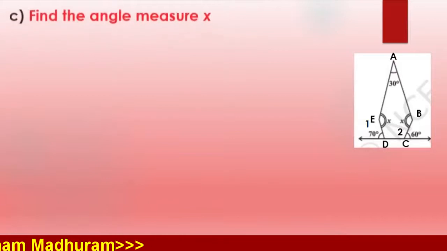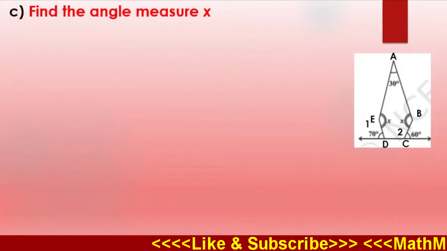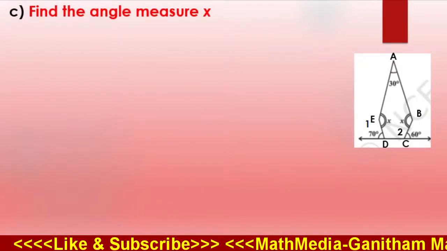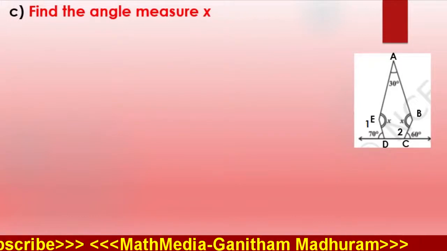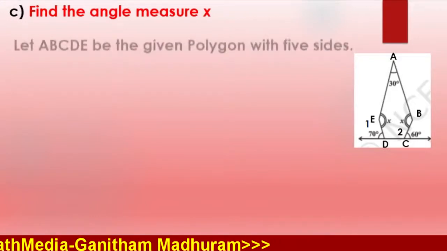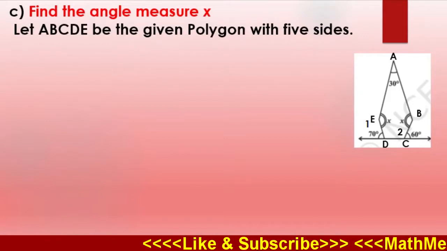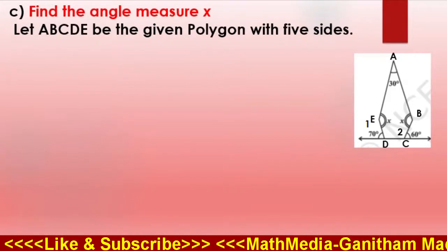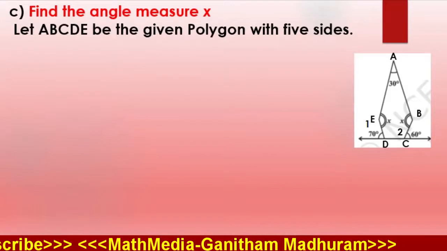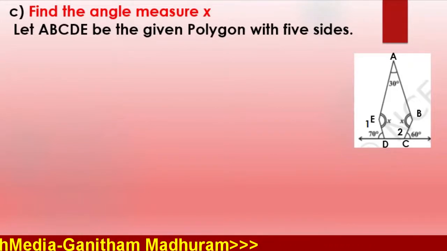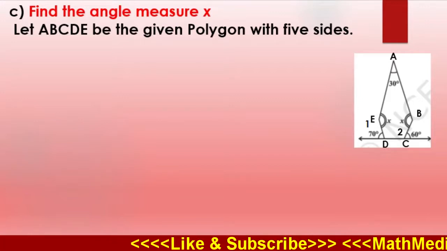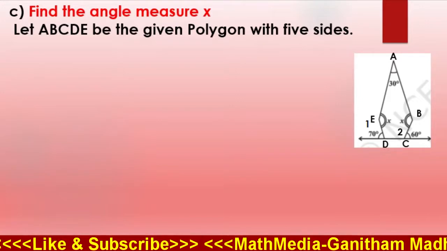Find x from the given figure. Given ABCDE is a polygon with 5 sides, out of which two angles, angle E and angle B, are of the same measure, and exterior angle D is given as 70 degrees and exterior angle C is given as 60 degrees.